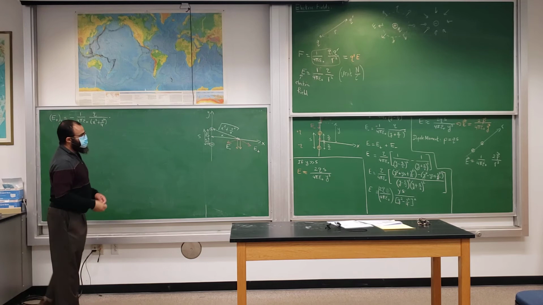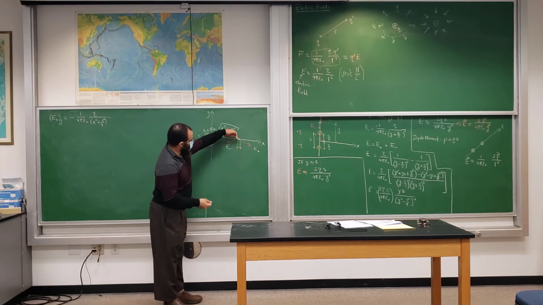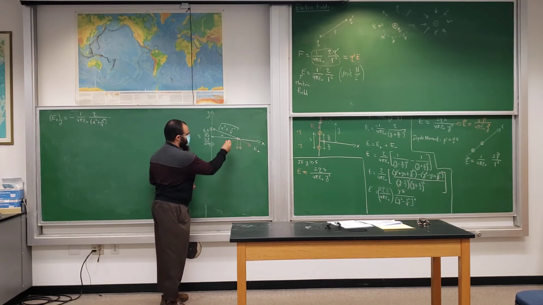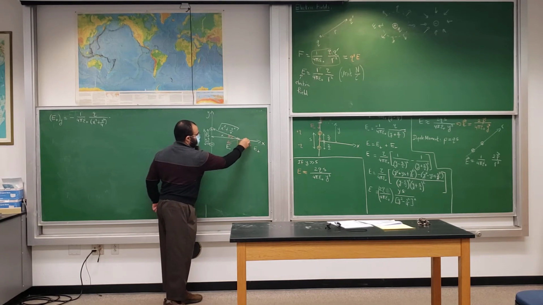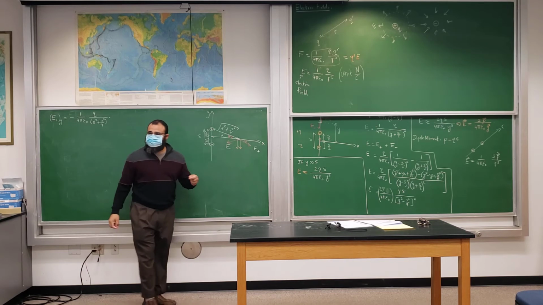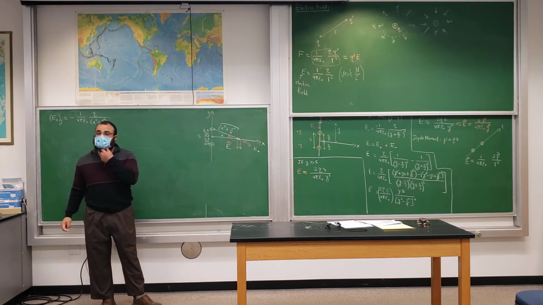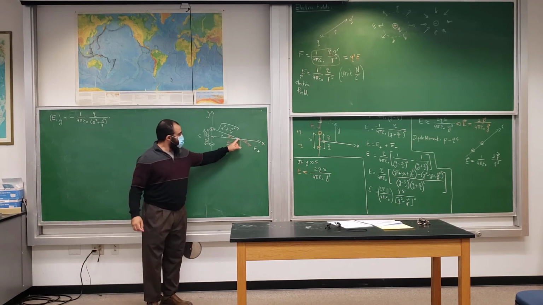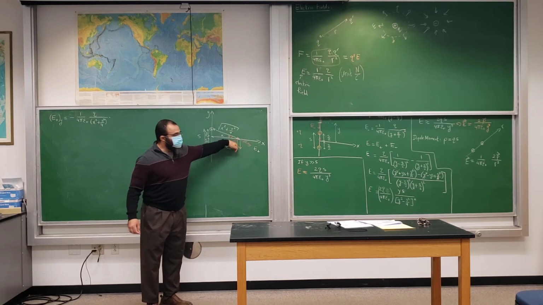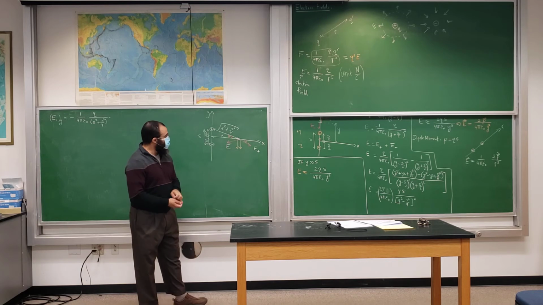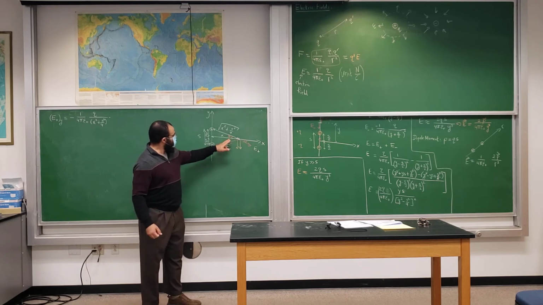And then I'm not done. This angle here is theta, so it will be times the sine of theta. The adjacent is the x component, but the x components cancel, so only the y component remains. What's the sine of theta?